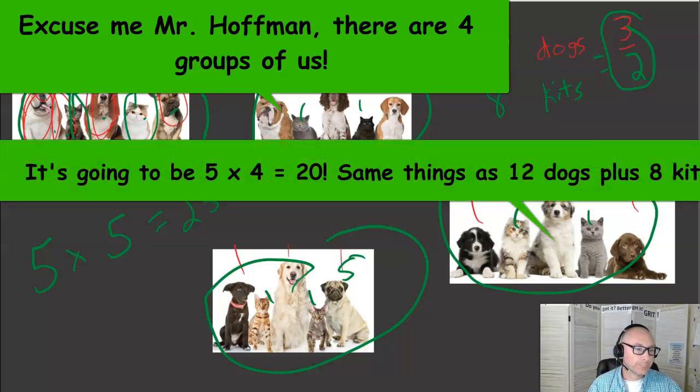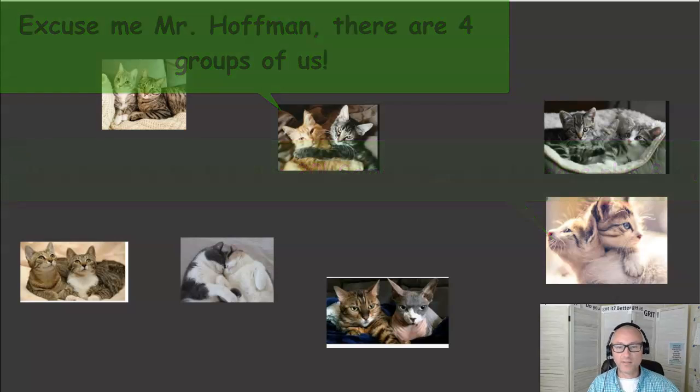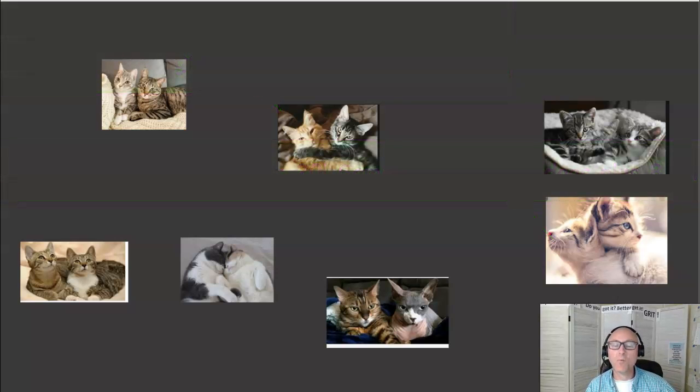Okay. So what if we have this many kitties? How many doggies will we have? Well, what's the ratio? The ratio, again, is 3 to 2, 3 dogs for every 2 kitties.